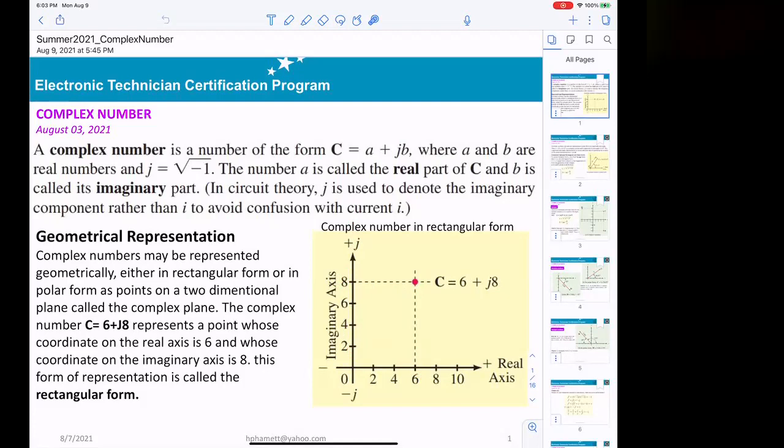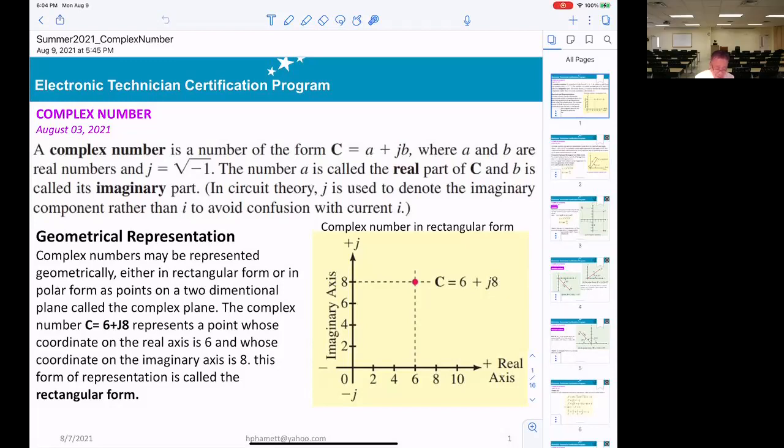Mr. Pham, initially, when you read this, it says a complex number is a number of the form C equals A plus JB, where A and B are real numbers.